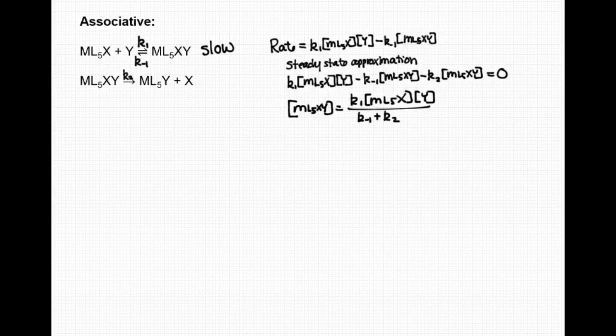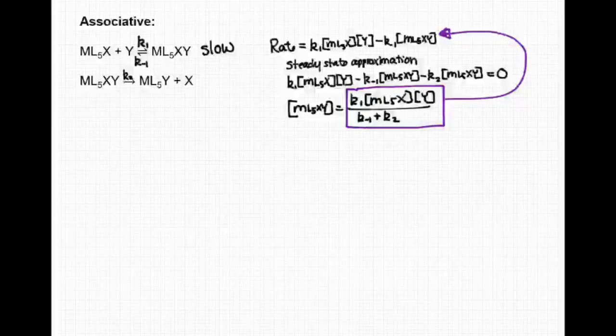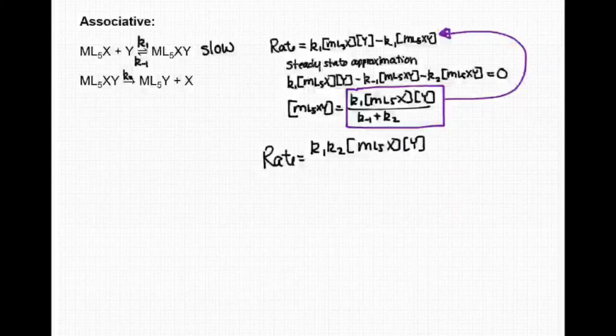Okay, so we can put this whole thing back into our first equation where we can substitute for ML5XY. And so if we do that, then we see that the rate will equal k1 times k2 times [ML5X] times [Y] divided by k-1 plus k2.